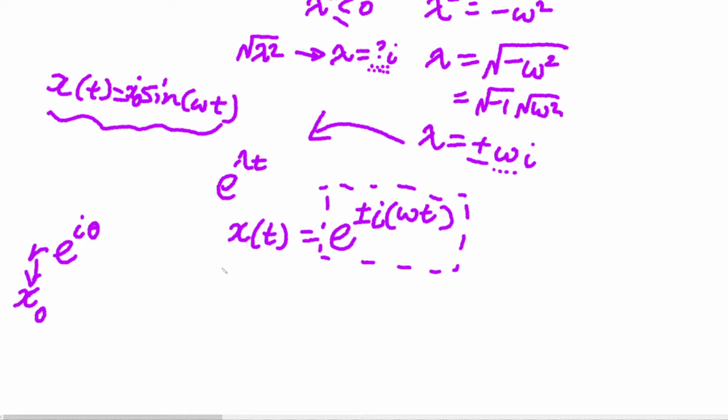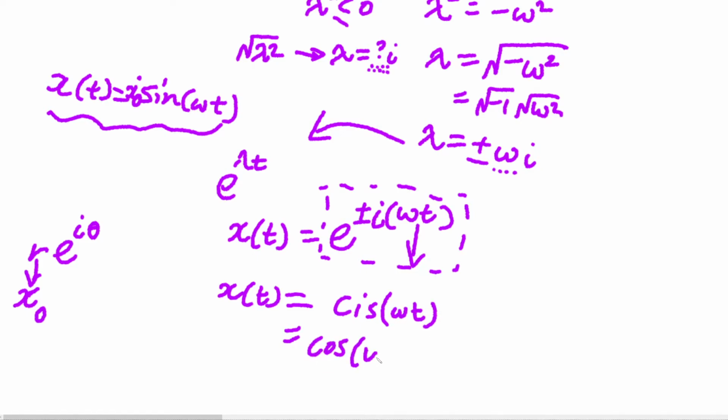If x(t) is e to the plus or minus i omega t, then we get x(t) being equal to cis, or cos plus i sine theta, where in this case theta is omega t, or cos omega t plus i sine omega t.